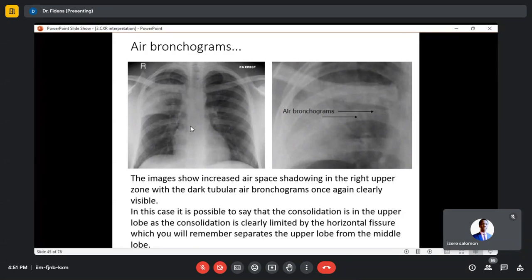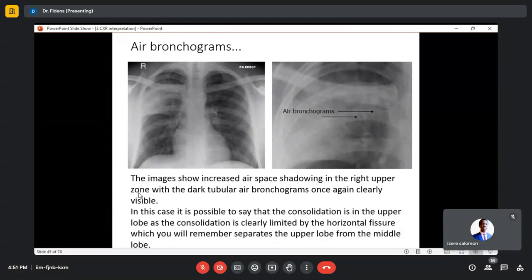Here is a magnified view of this one, trying to show the air in the bronchi, air bronchograms. The images show increased airspace shadowing in the right upper zone.